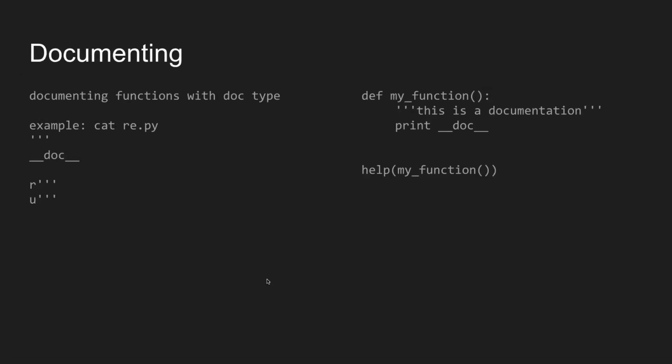Your main doc string gets imported into the underscore doc attribute. So if you import re and print re.__doc__, you'll get what it says in help.